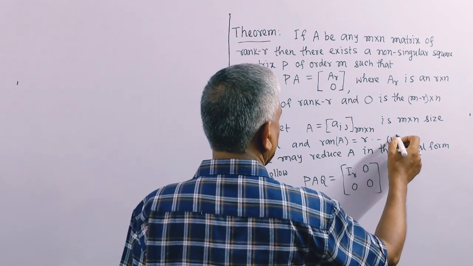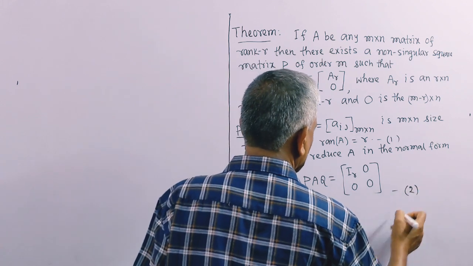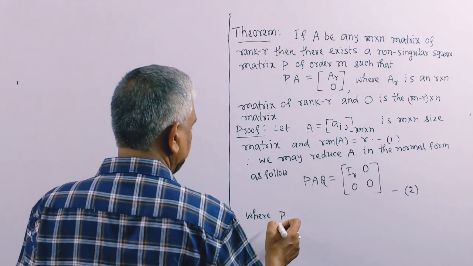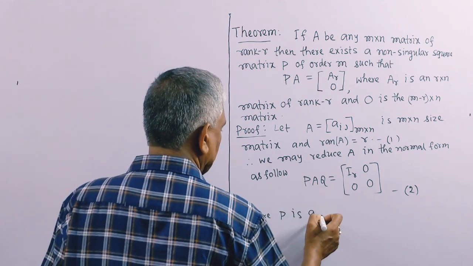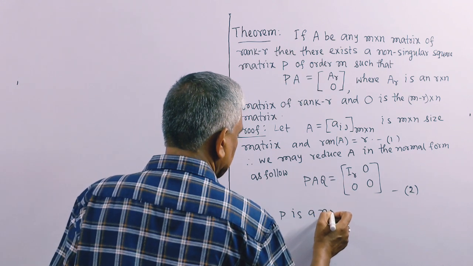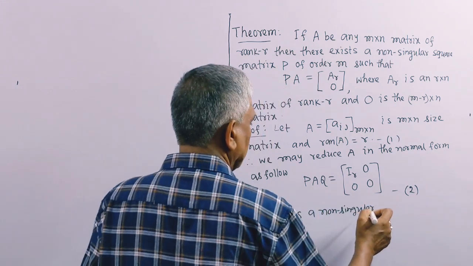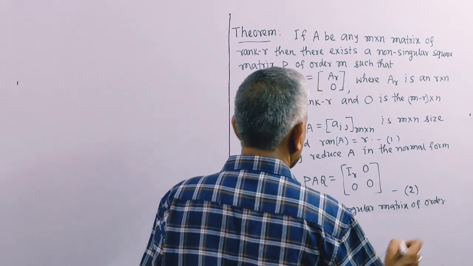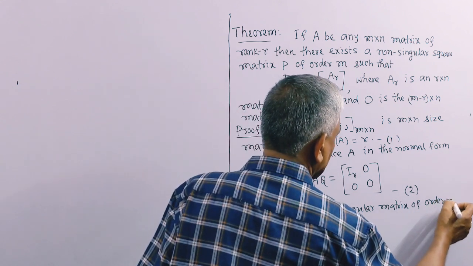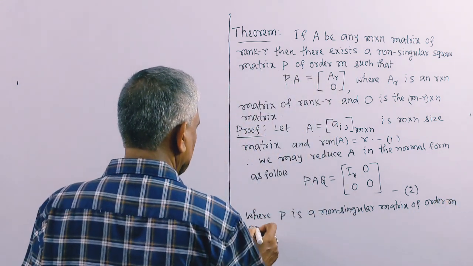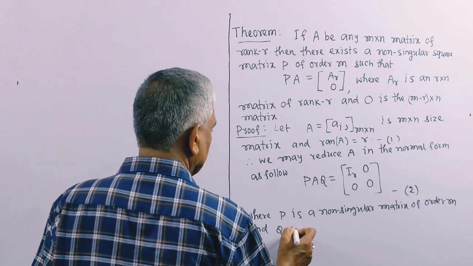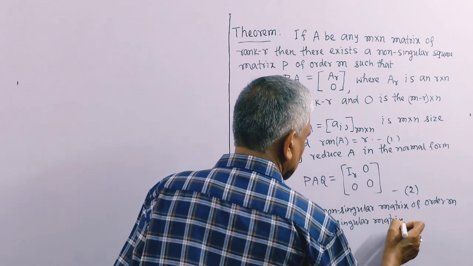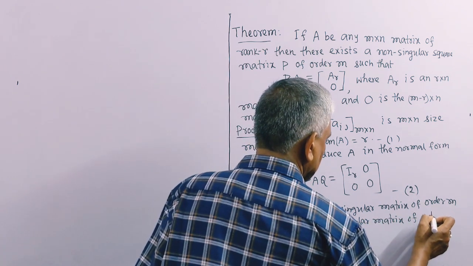This is number 1, this is number 2, where P is a non-singular matrix of order m, and Q is a non-singular matrix of order n.